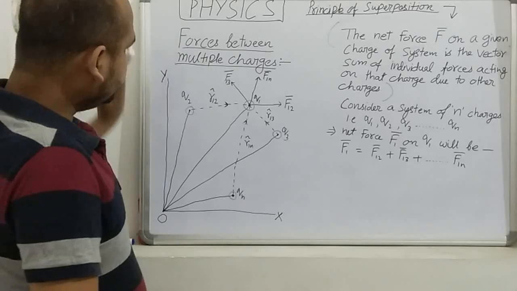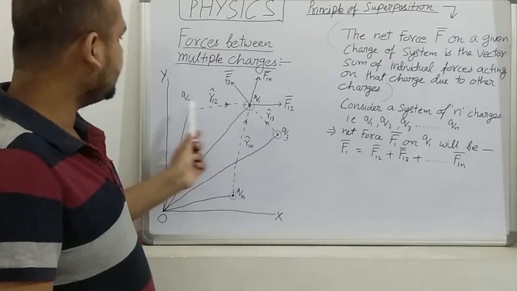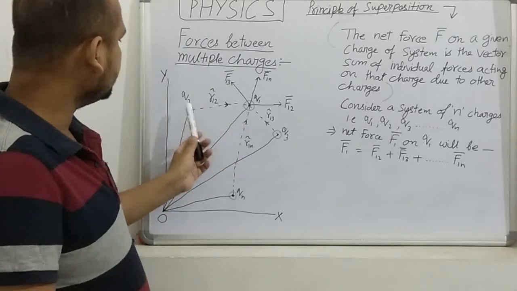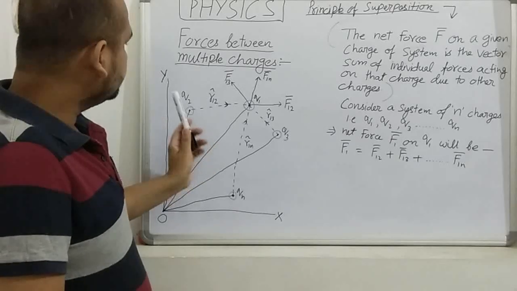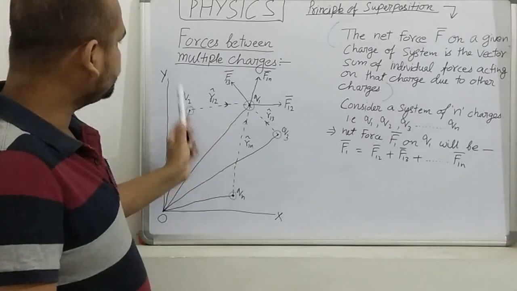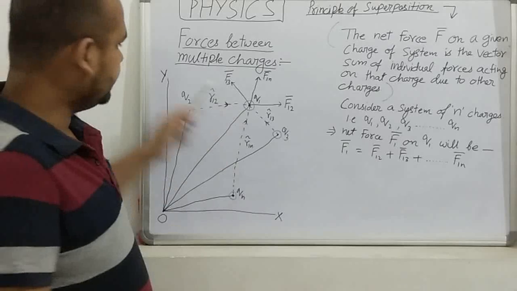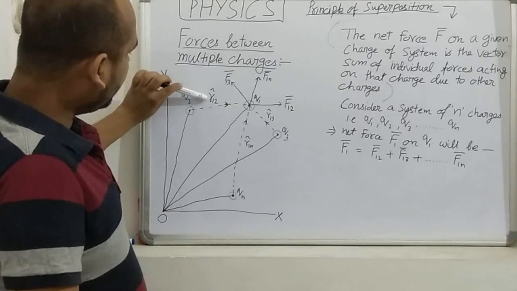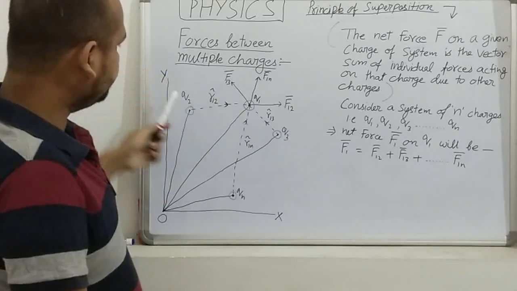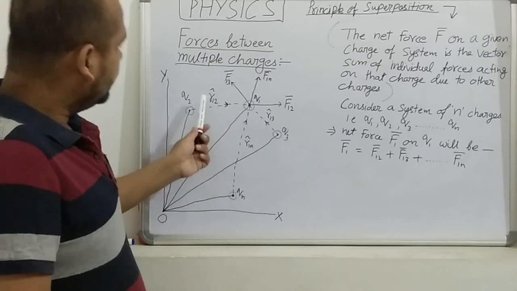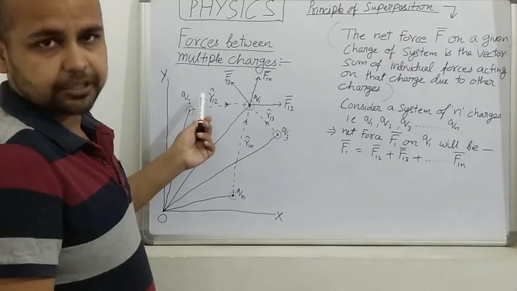You can see here that the displacement vector from charge q2 to charge q1 is r12. Here we are talking about the unit displacement vector.